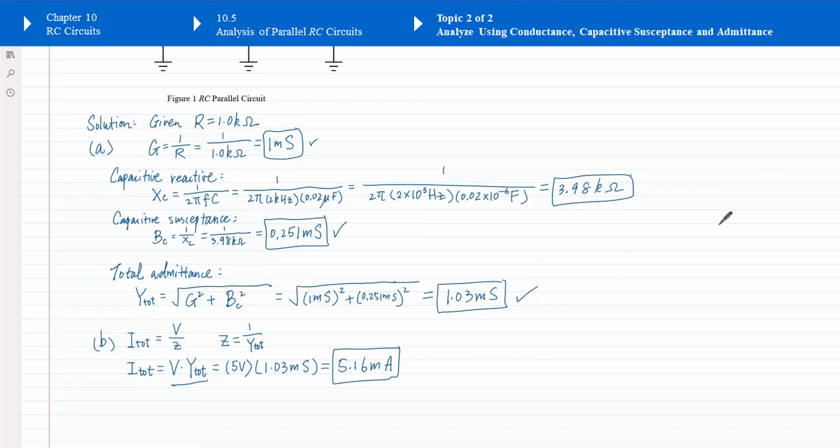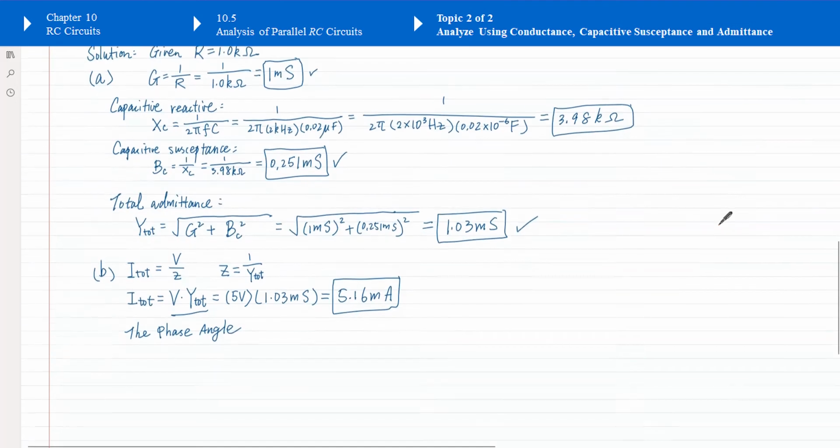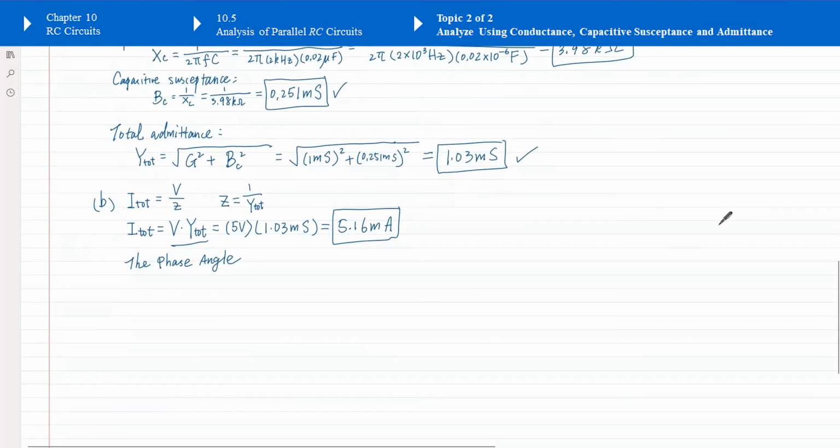And then we can find the phase angle. And the phase angle is theta. Theta is inverse tangent.